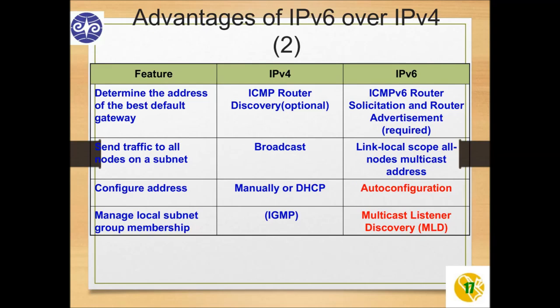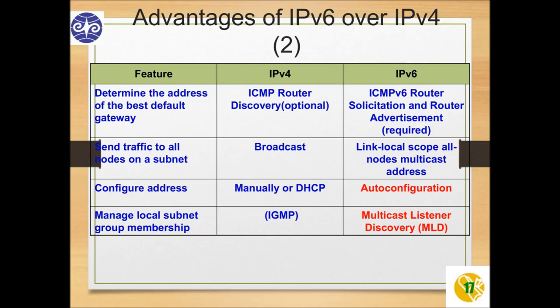In IPv4 manually or DHCP, dynamic host configuration protocol, is used to assign IP addresses. So there are two mechanisms. We can assign IP addresses manually or we use DHCP. In IPv6 there is auto configuration, there is no concept of manual IP addressing over here.